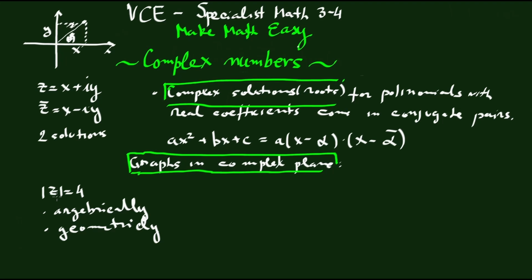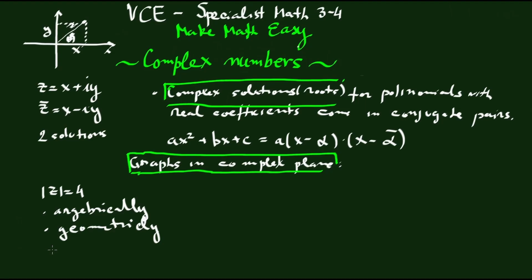We know that we have a complex number z, and we know that its modulus is 4. If we want to represent it in polar form, can we do it? We can't.